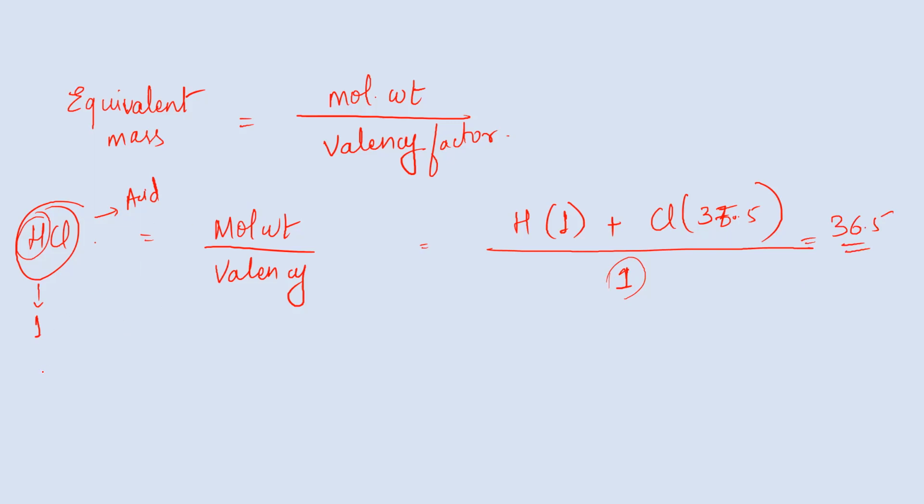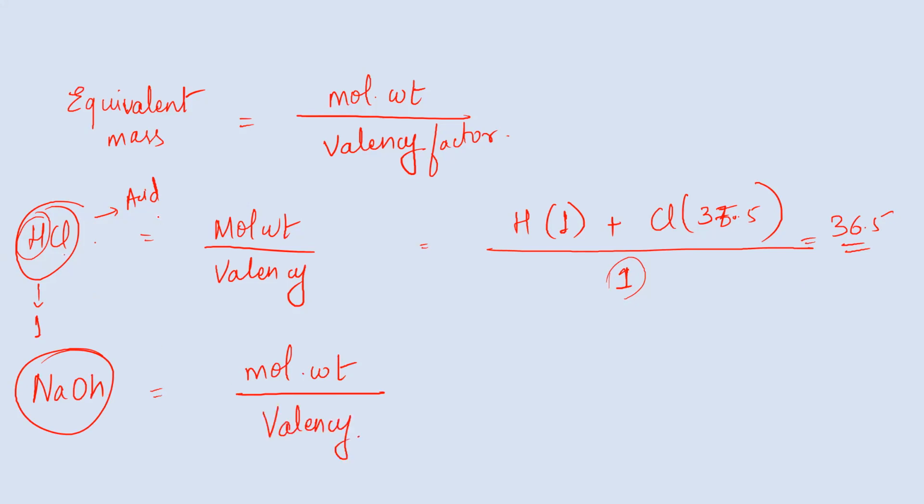Okay, now if I take a base NaOH, how will I calculate the equivalent mass of NaOH? Molecular mass divided by valency. So if it is an acid, then the valency factor is based on the basicity. If it is a base, then the valency factor is based on the acidity.